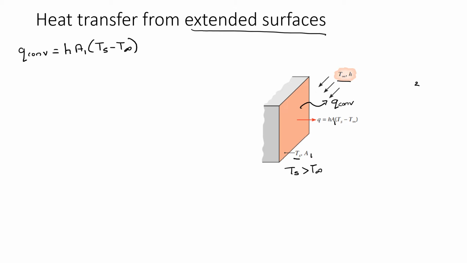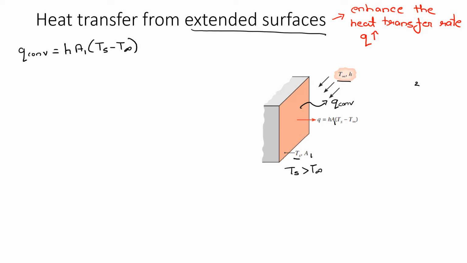So why do we need extended surfaces? The main reason is that we require extended surfaces to enhance the heat transfer rate. So we want to increase Q. Our aim is to increase the Q, or the heat transfer rate, from the surface that we're interested in.